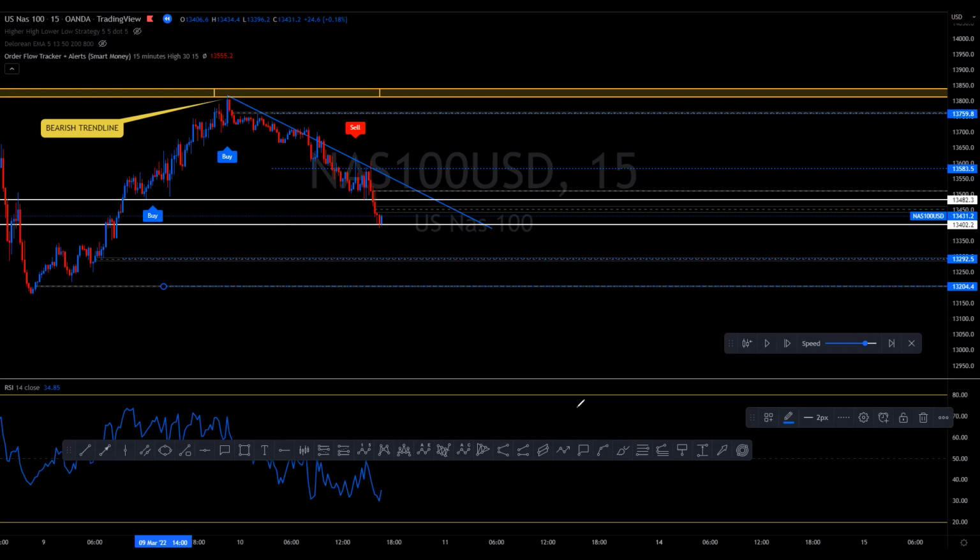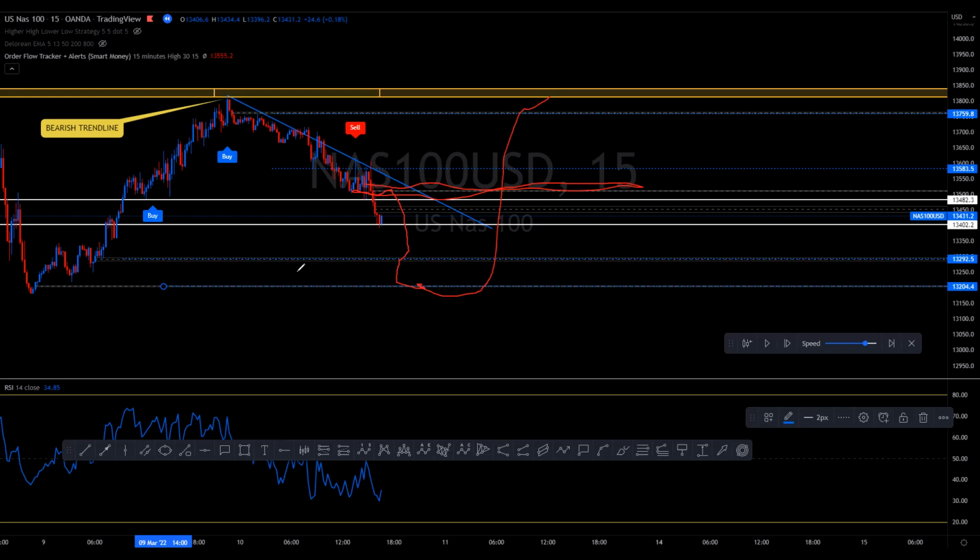Okay. So one thing I know for sure is more likely they're probably going to mitigate half of this area to make their money back the quickest, and then proceed probably downward to fill this imbalance, and then eventually bring price up to here, possibly.